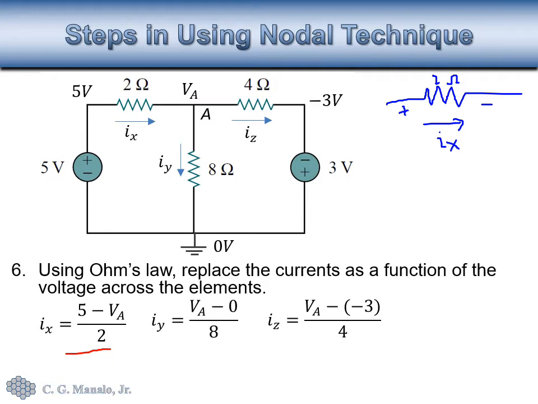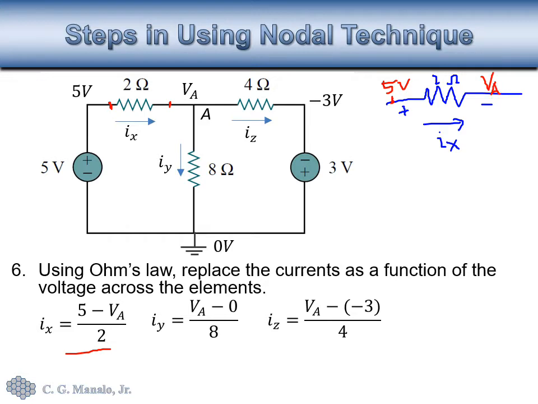Now, what is the voltage across the 2 ohms? Now, take note that the potential here is 5 volts because this point is attached to the 5 volts, and this point here is V sub A.